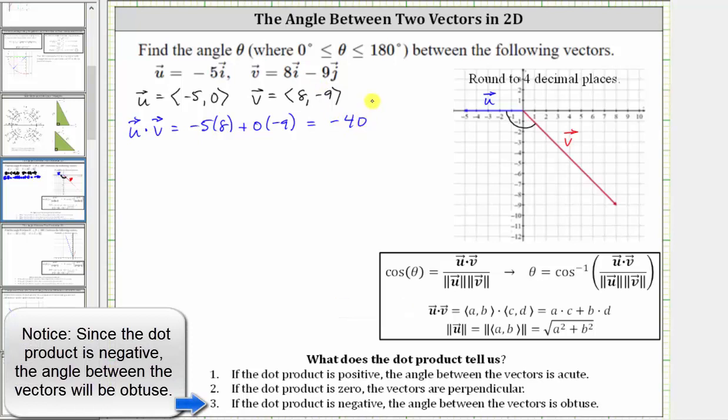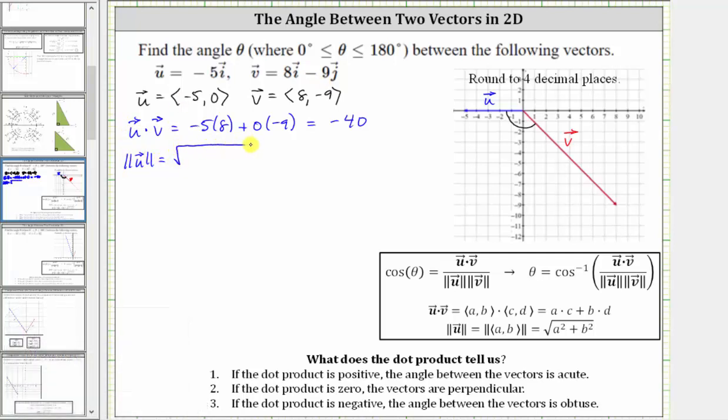And now let's find the magnitudes of the two vectors. The magnitude of vector u is equal to the square root of the square of -5 plus the square of 0, which is equal to the square root of 25, which is equal to 5.